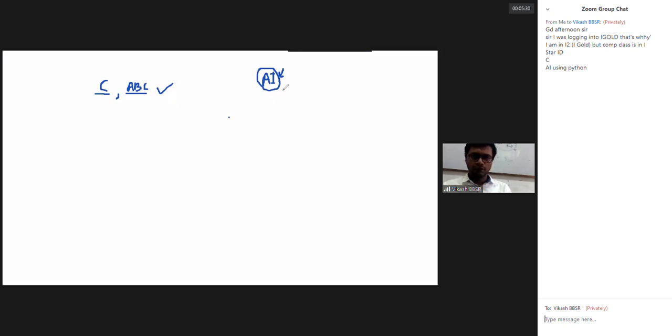But the exam will not be conducted for that. CBSE will not do an exam for that. They will only give certificates to those who satisfy the lab test. So come to our topic.